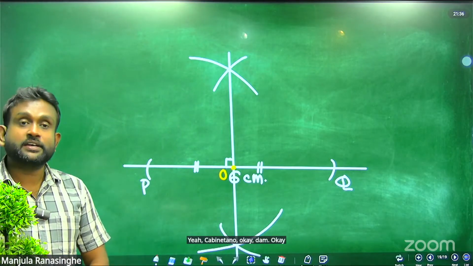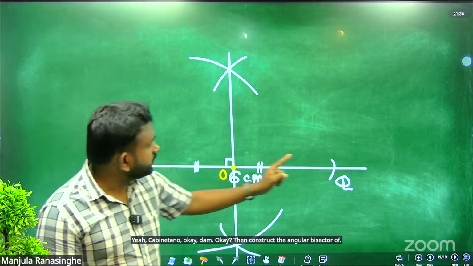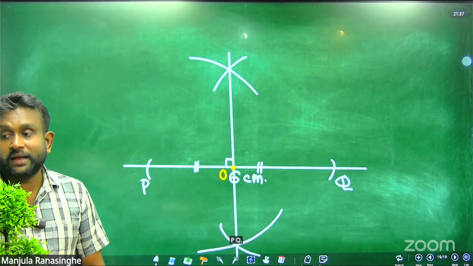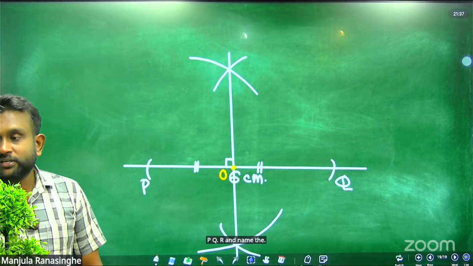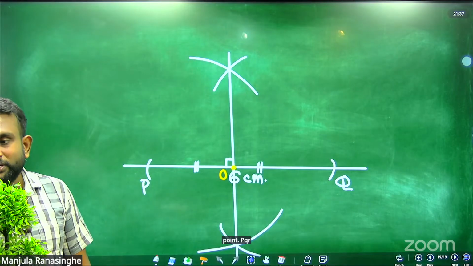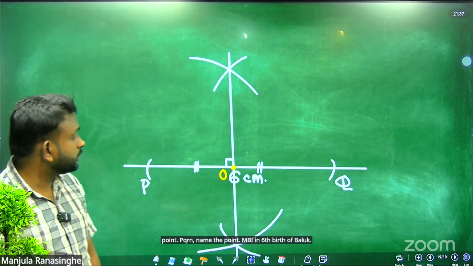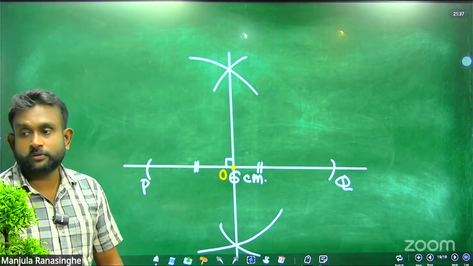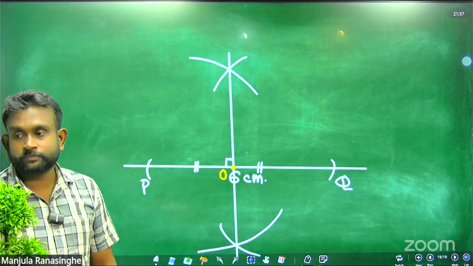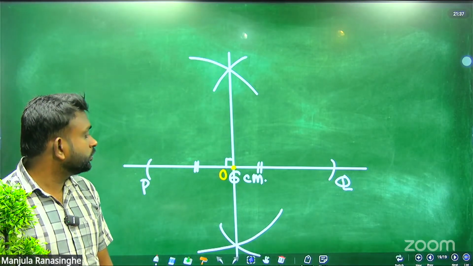Then construct the angular bisector of PQR and name the point. Make R again, PQR, and name the point where it intersects the locus.